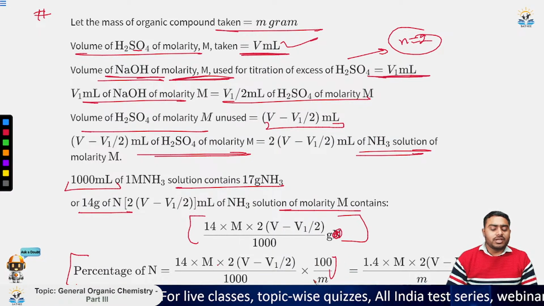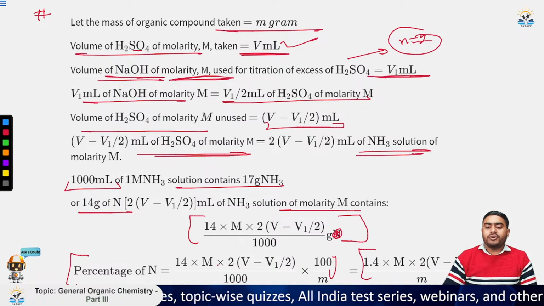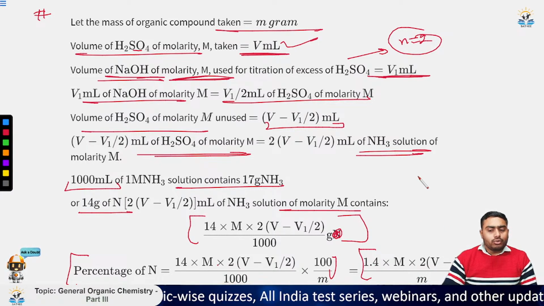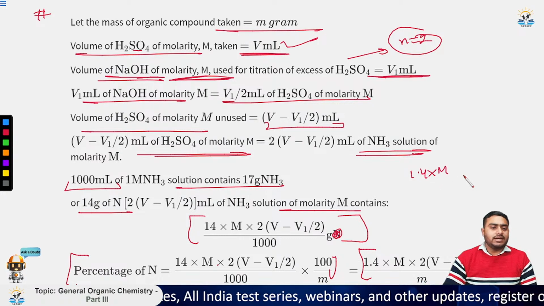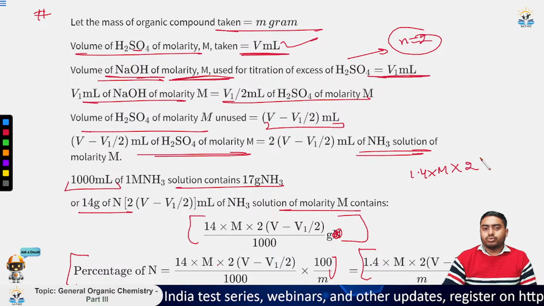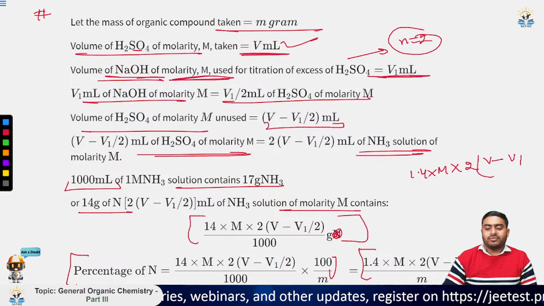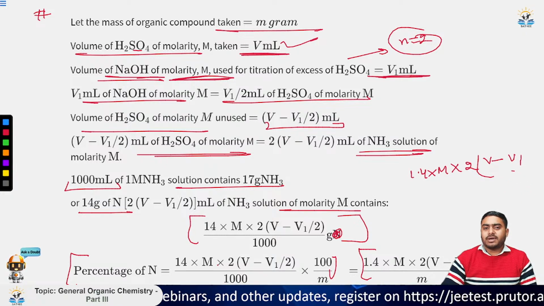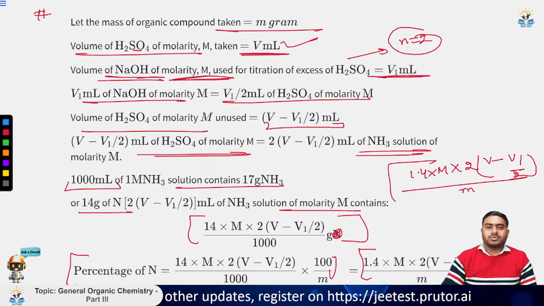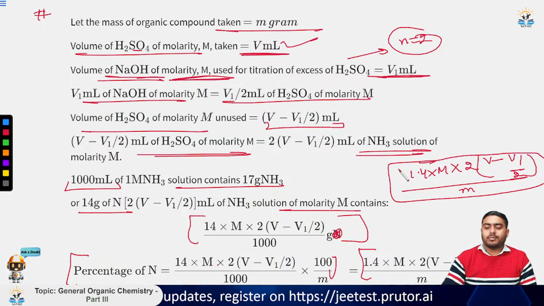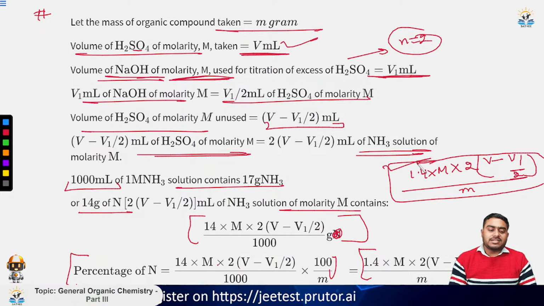So you can simplify this formula and you will get 1.4 into molarity M into 2 into V minus V1 by 2 upon small m. Small m is the mass of organic compound. This is the final formula that we have to learn to get the answer of the question.